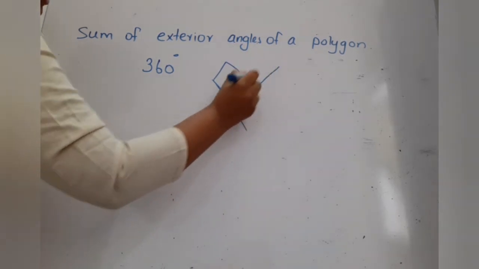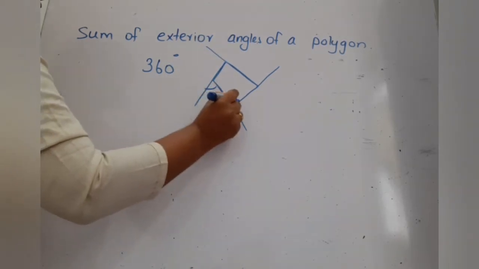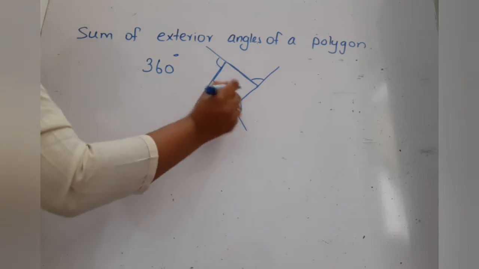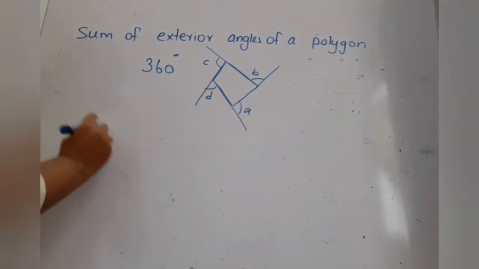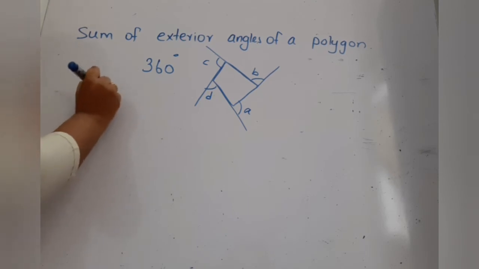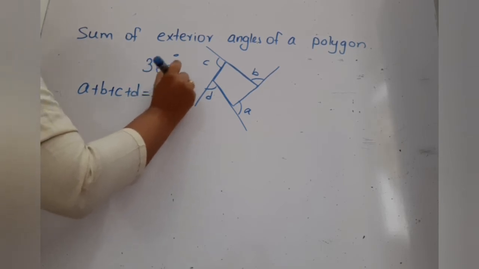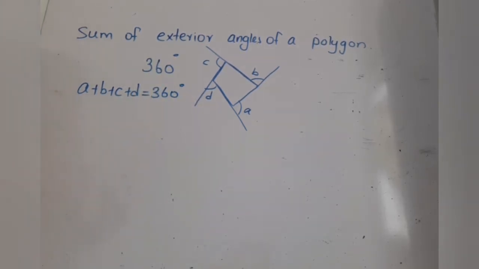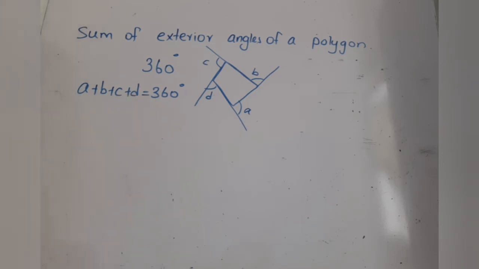The quadrilateral has 4 exterior angles, A, B, C and D. The addition of all 4 exterior angles is going to be 360 degrees. So you don't have to do any workings here. You can directly say that whatever the polygon type is, the exterior angles add up to 360 degrees.